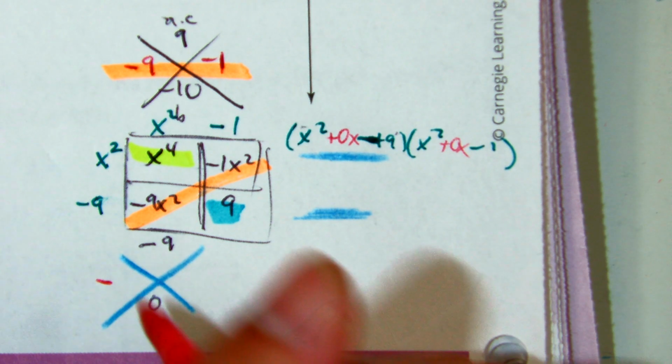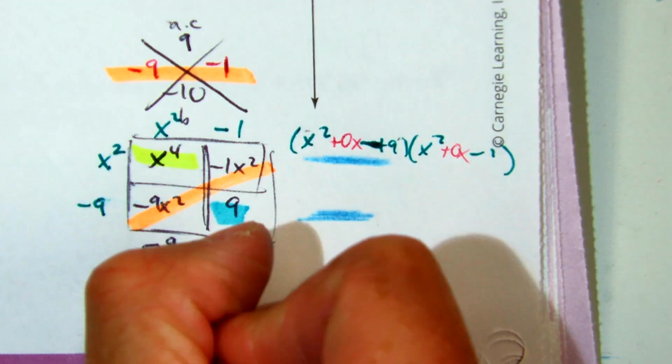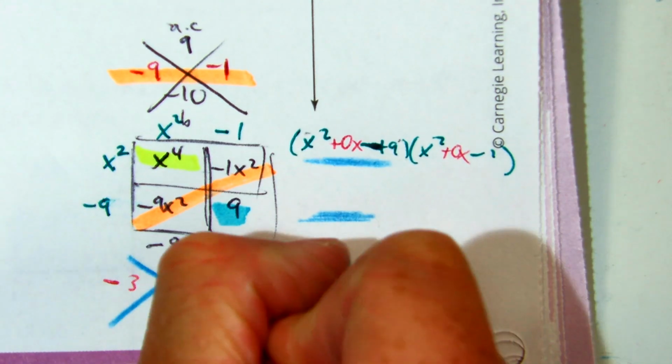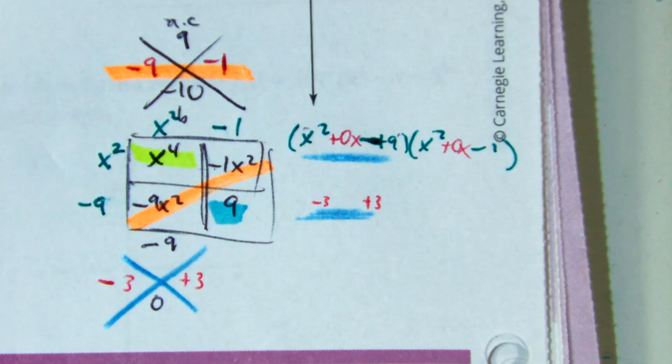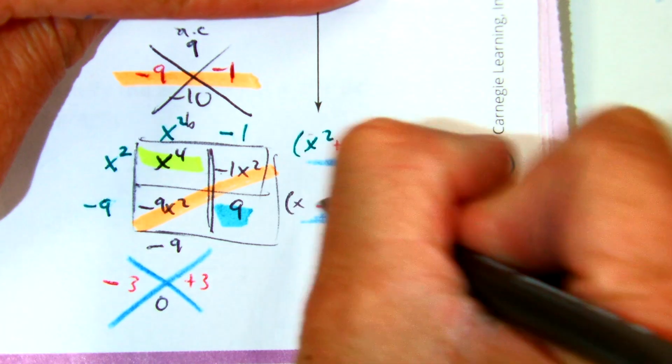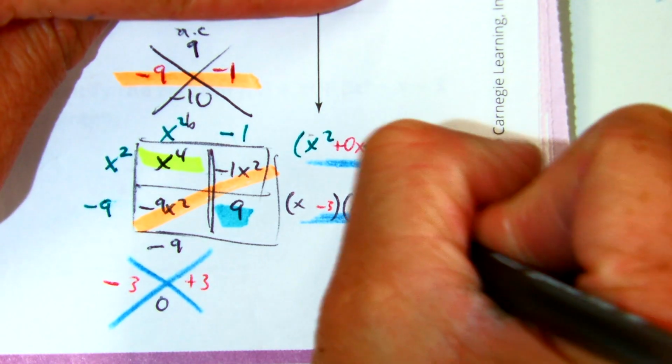Will negative 9 and 0 add to be 0? So let's write that over here. So I have x minus 3 and x plus 3.